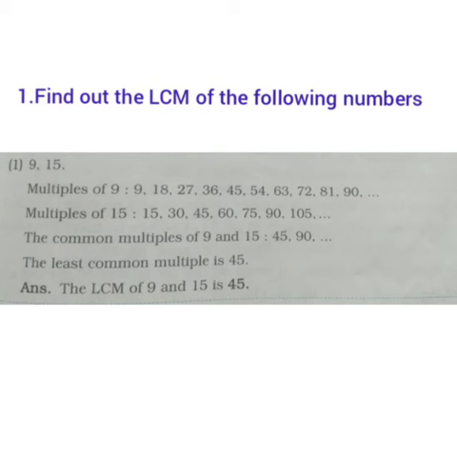Multiples of 15: 15, 30, 45, 60, 75, 90, 105, and so on. The common multiples of 9 and 15 are 45, 90. The least common multiple is 45. Therefore, the LCM of 9 and 15 is 45.